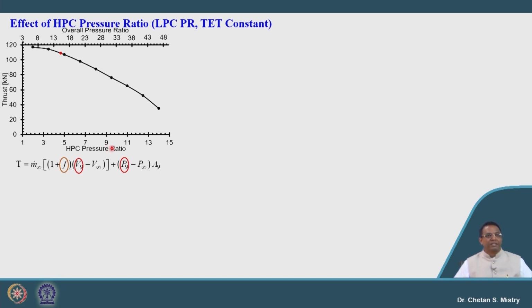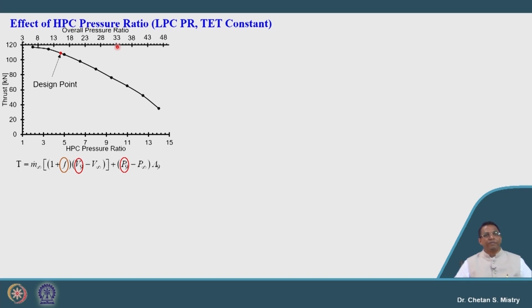Here on the x axis we are putting HP compressor pressure ratio, and on the y axis we have thrust, and this axis represents my overall pressure ratio. In line with what we have discussed, the trend will remain the same. When we increase the overall pressure ratio, our thrust is going to decrease. We will see in the next slide the reason behind that.